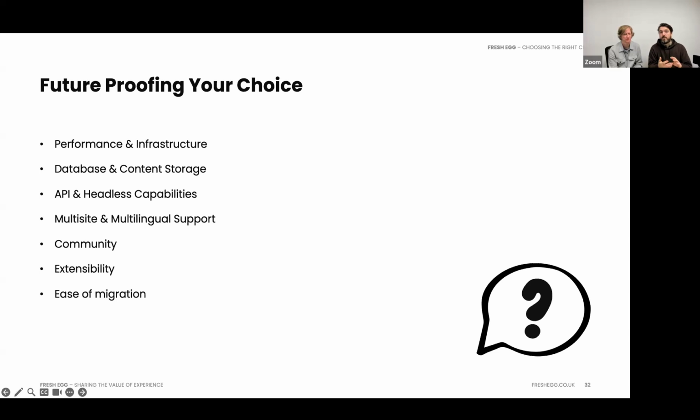As Richard mentioned earlier, things like, are you going to need more sites in the future? Does it handle multi-site? Are you going to need potential multilingual support? One of the things we do at FreshEgg quite a bit is we have a single code base, and we're going to be wanting to power multiple websites, perhaps with different looks and feels. So does it handle sort of themability? And this is where you're probably going to need to come to an agency that's going to be able to offer the right sort of CMS and setup and implementation to achieve that sort of thing.